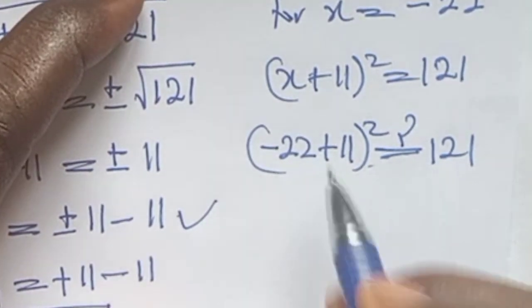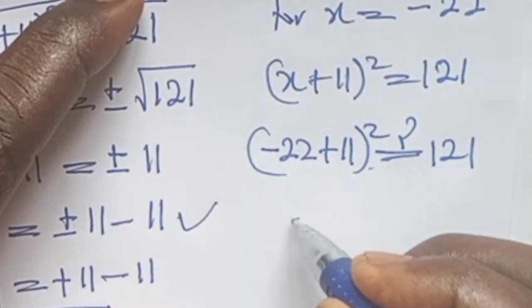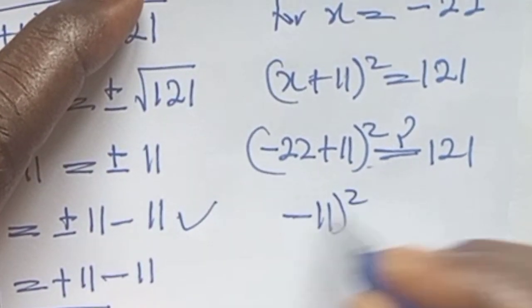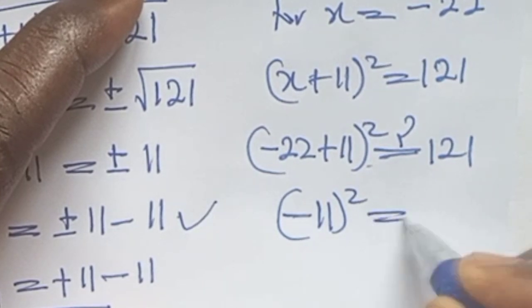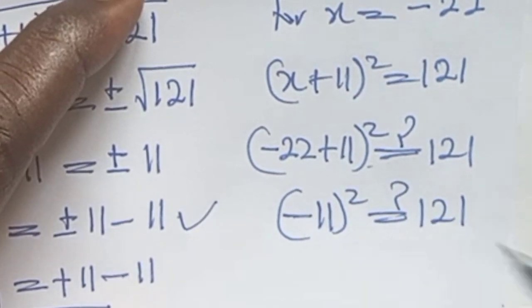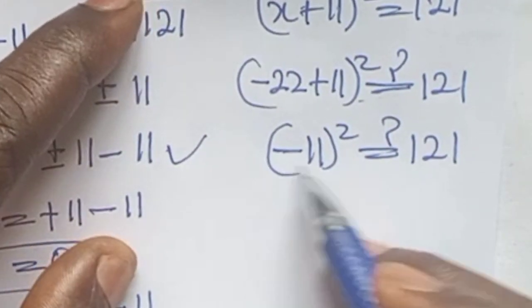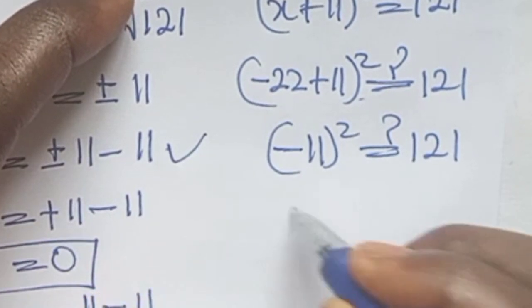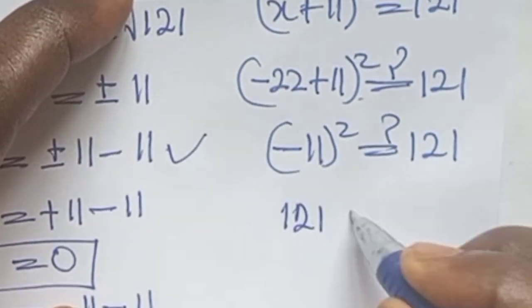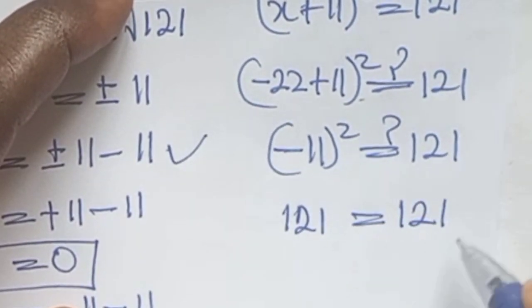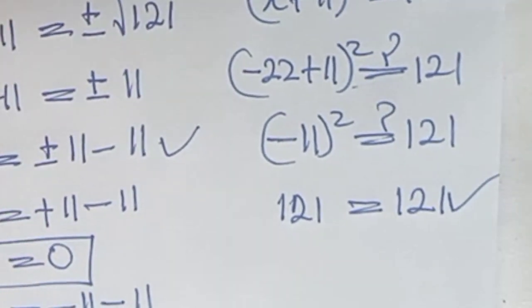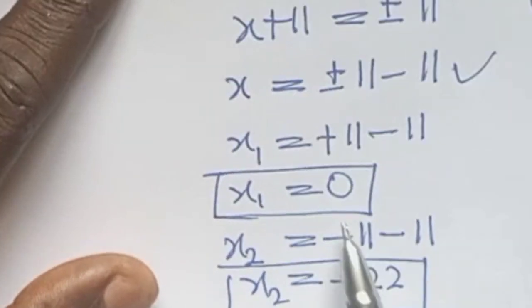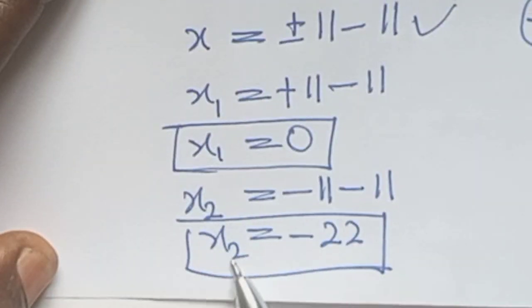If you do this very well, minus 22 plus 11 will be minus 11, to the power of 2. Can this give us 121? Minus 11 squared is the same thing as 121, which equals 121. So it's true for the two cases: x = 0, x = minus 22.